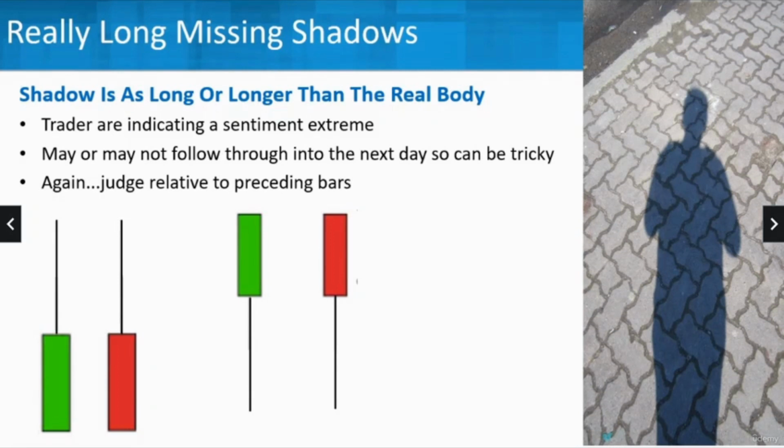Again, it may or may not follow through into the next day, so that can be a little tricky. It's not a guarantee, but it's certainly an indicator. And again, you want to judge relative to the preceding bars, but you can kind of see here what that might look like with shaven tops or shaven bottoms and really long wicks with these really long missing shadows. So let's look at that.